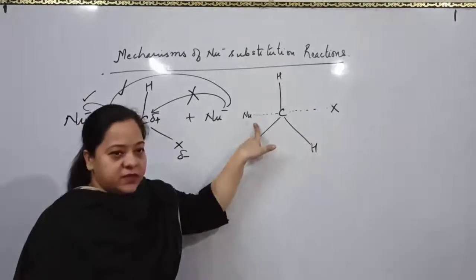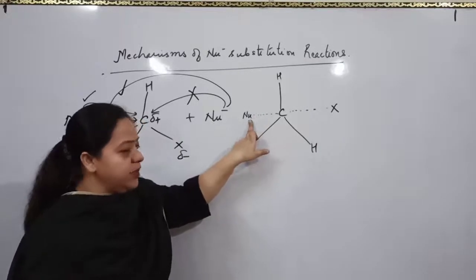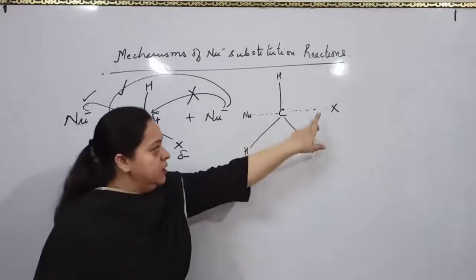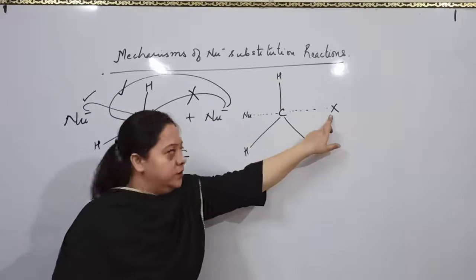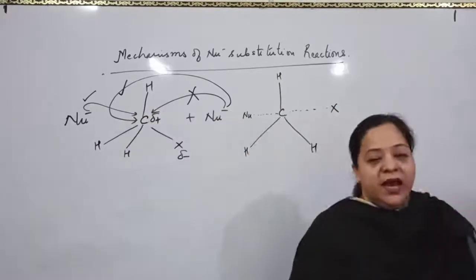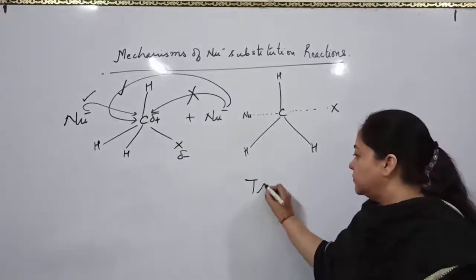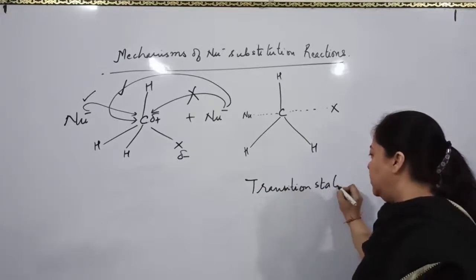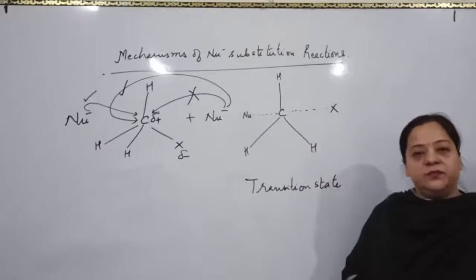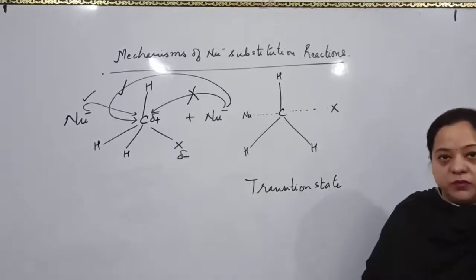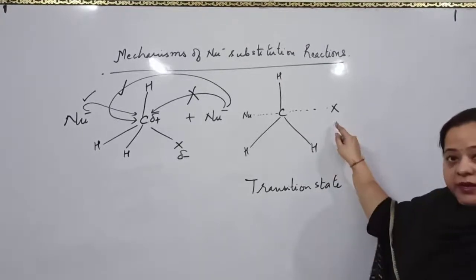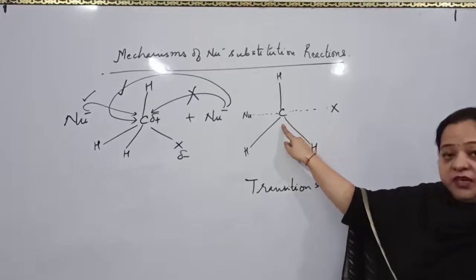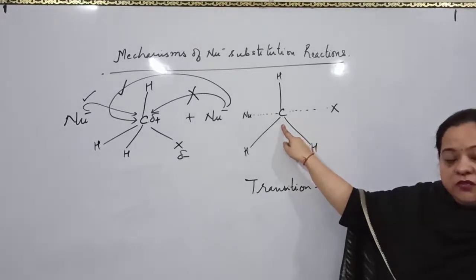Now the entry and exit, that is the incoming nucleophile, bond formation, and the leaving group, that is bond breaking. And this is our transition state in which the central carbon atom is surrounded by 5 groups. The point to be noted here is it is surrounded by 5 groups, not 5 bonds.